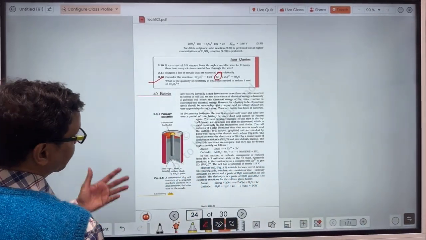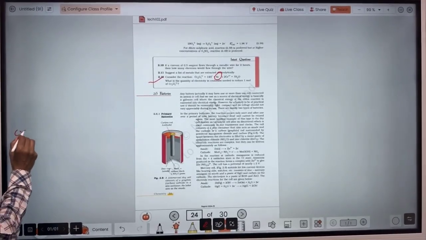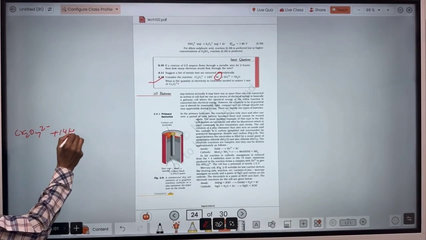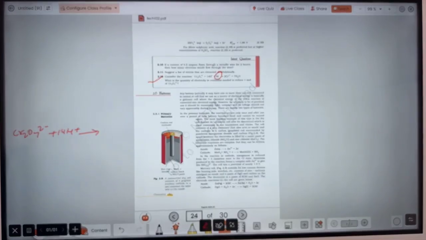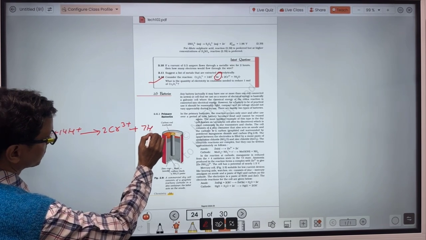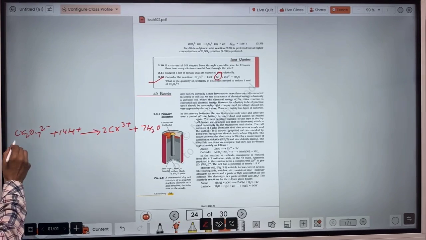Listen, if 6 electrons have not been given in the examination, what will be there? Cr2O7 2 minus reacts with 14H plus, that gives 2 moles of Cr3 plus and 7 moles of H2O. Balance the equation here. So what is the oxidation number of chromium here?